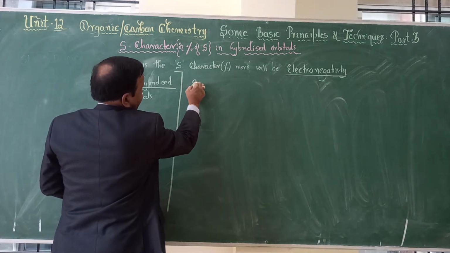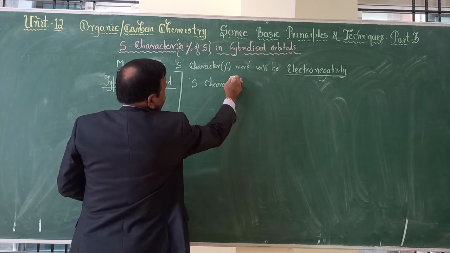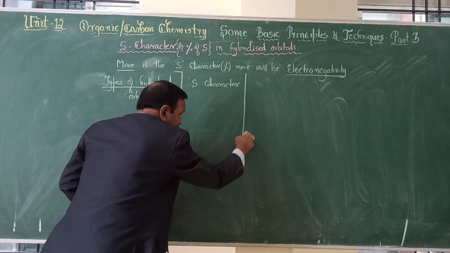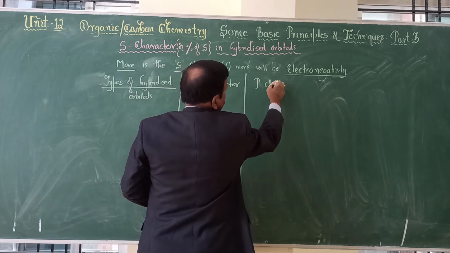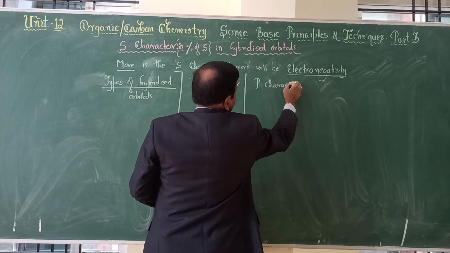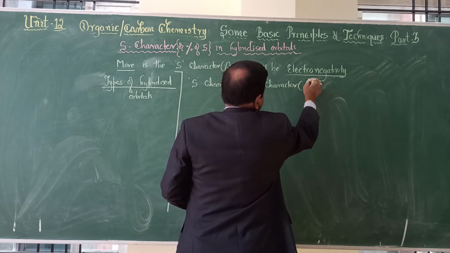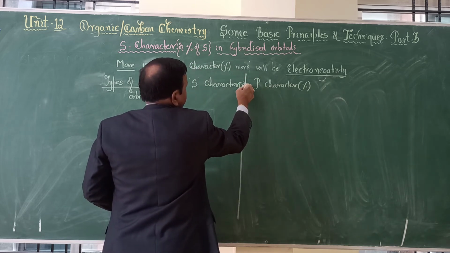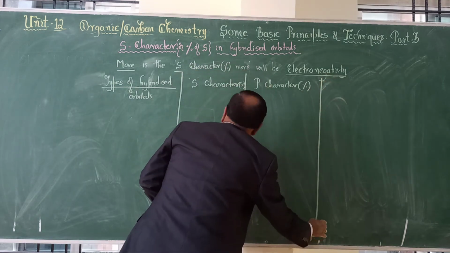Then S character, and then automatically you can calculate P character or percentage of P. So this is S character, and this is what we are going to calculate.